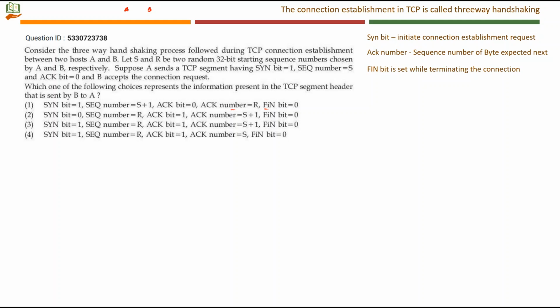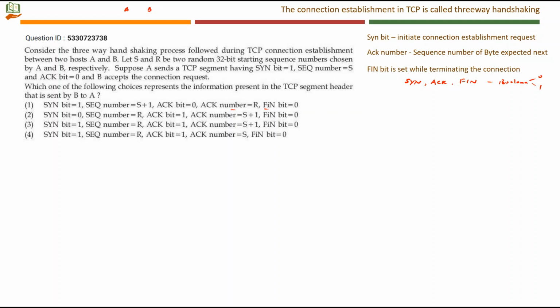Only at that time the bit value will be equal to 1. From the three bits here, SYN, ACK and FIN, what you can understand is that all three are Boolean values. It means they either have the value 0 or 1. When they say this field is set, it means the value is equal to 1.